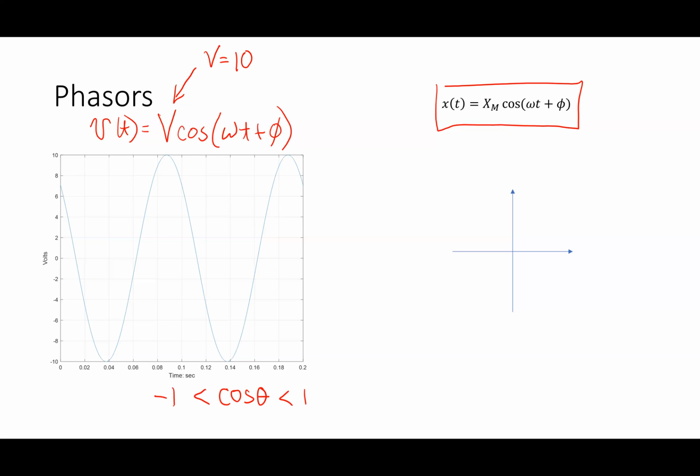So if I have V times cosine theta, then it's between V and minus V. You can just think of that as an inequality and multiply everything by the same thing. So in this case, the amplitude is 10. How do I figure out omega here from this picture?